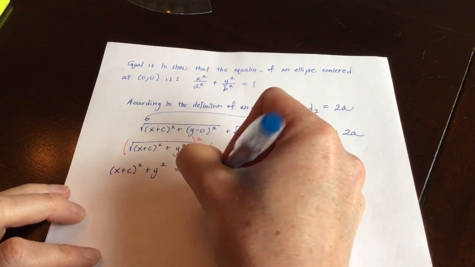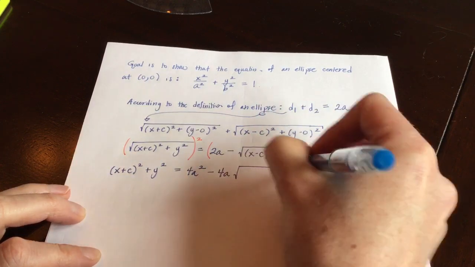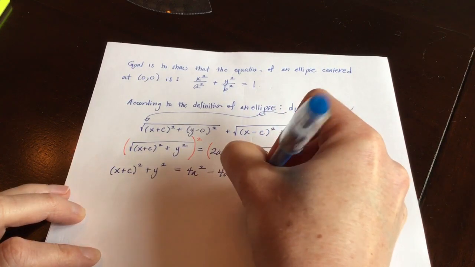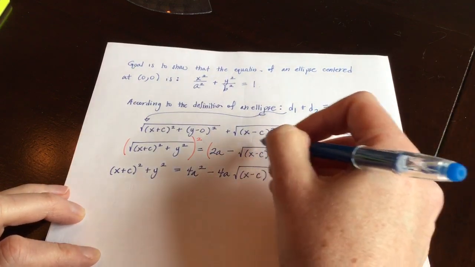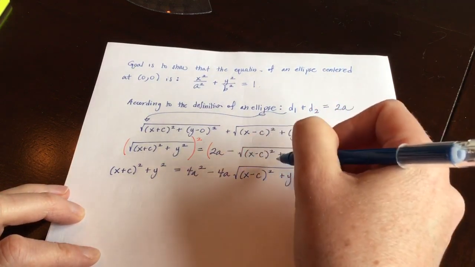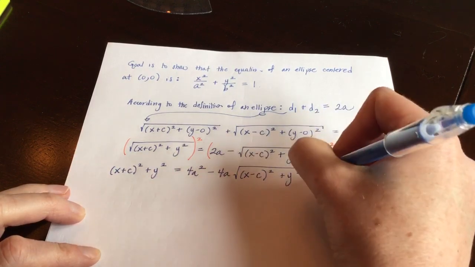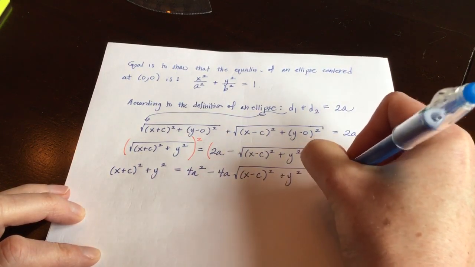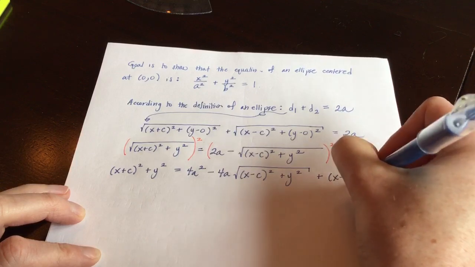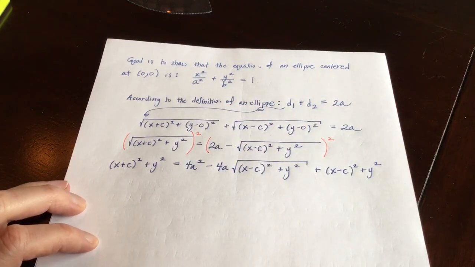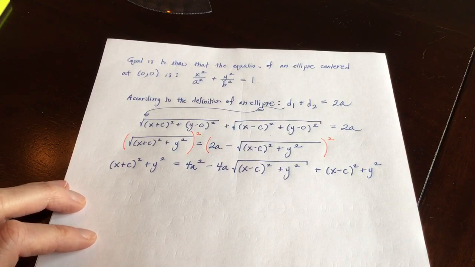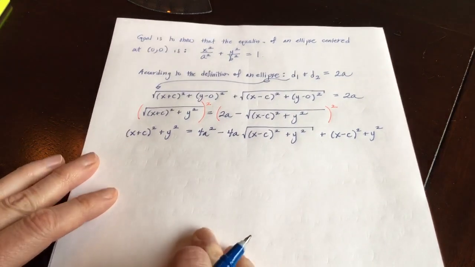So you'd have minus 4a times the square root of x minus c squared plus y squared, and then you'd end up with the last term squared, so the square root would vanish. Did I mention that this is going to get worse before it gets better? Here we are. Okay, so now let's look at this situation.